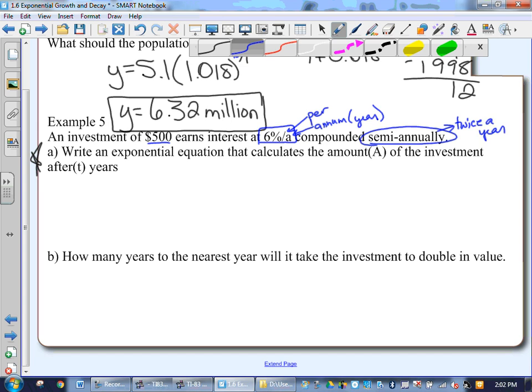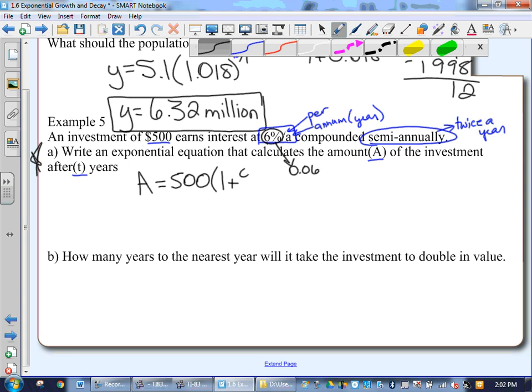Okay. I don't know my final amount, but it wants me to use the letter A. So the amount is equal to my initial amount, which is 500, times my rate of growth, which is going to be 1 plus, now my 6%, I'm going to turn that into a decimal, and then I have to divide it by the number of compounding periods per year.